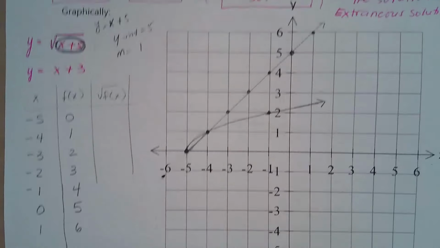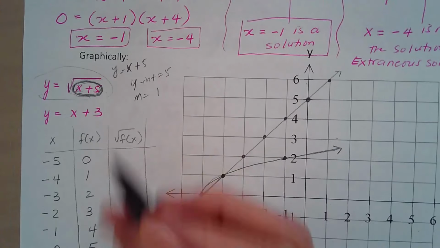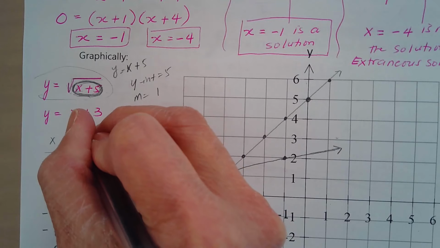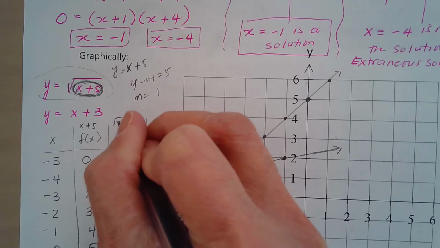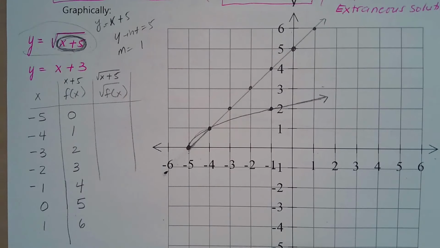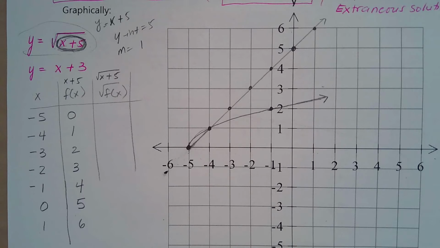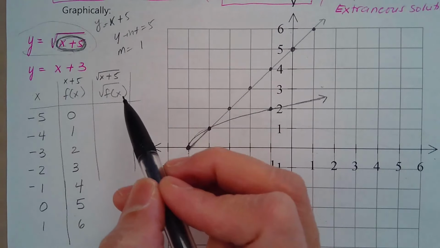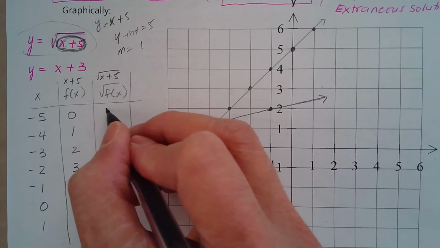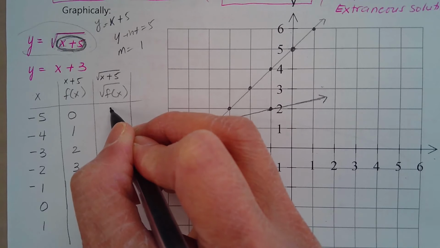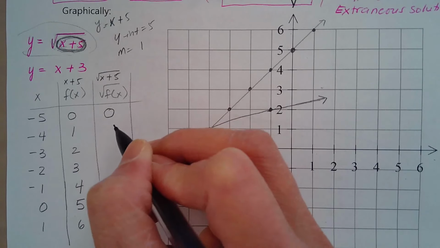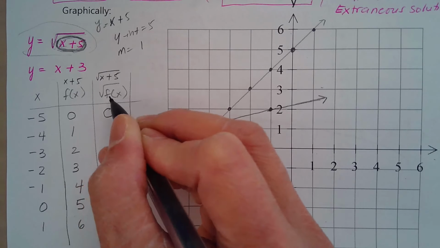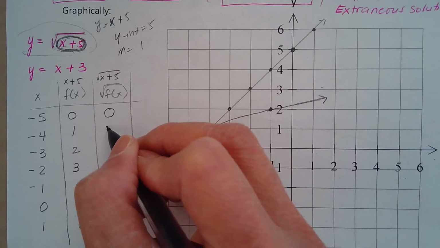1, 6. So in this particular case, this is the f of x, which is x plus 5. And then this is the square root of x plus 5. Okay. So the square root of f of x is what? Square root of f of x is 0. Yeah. Square root of f of x.